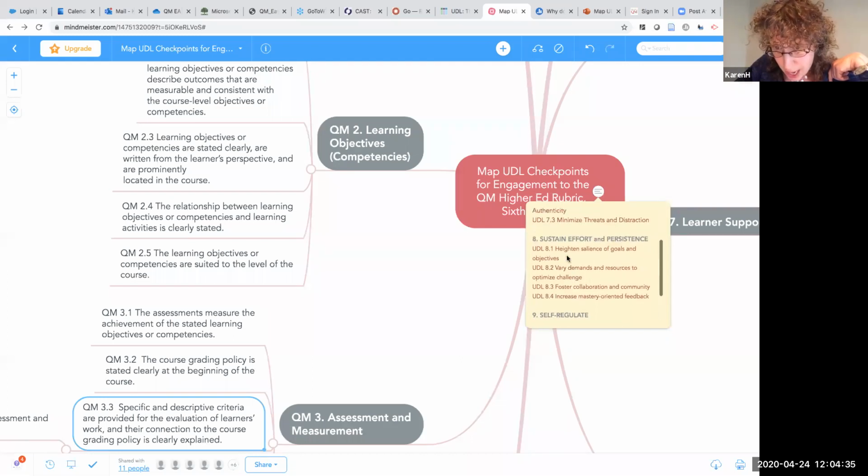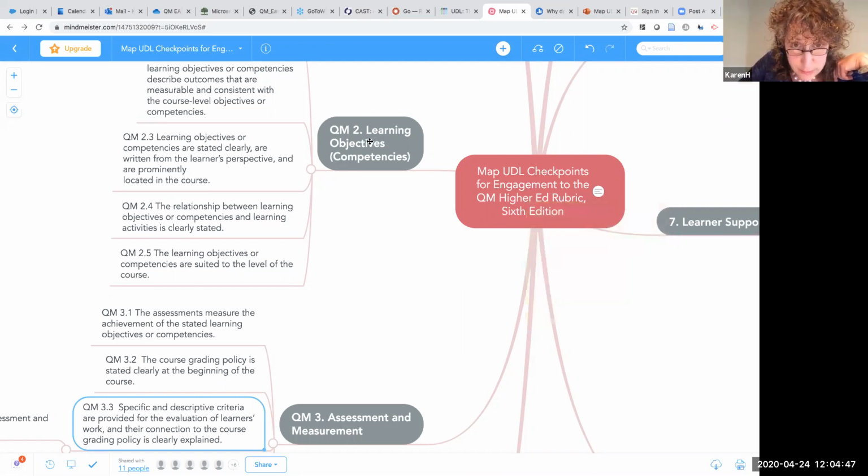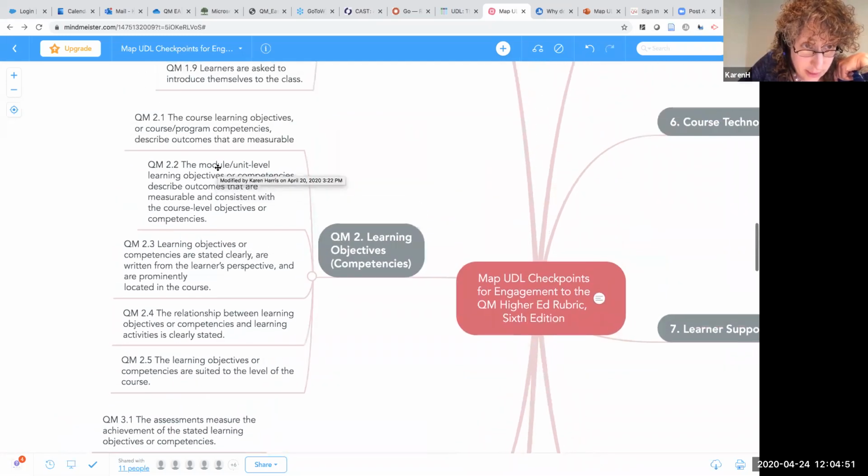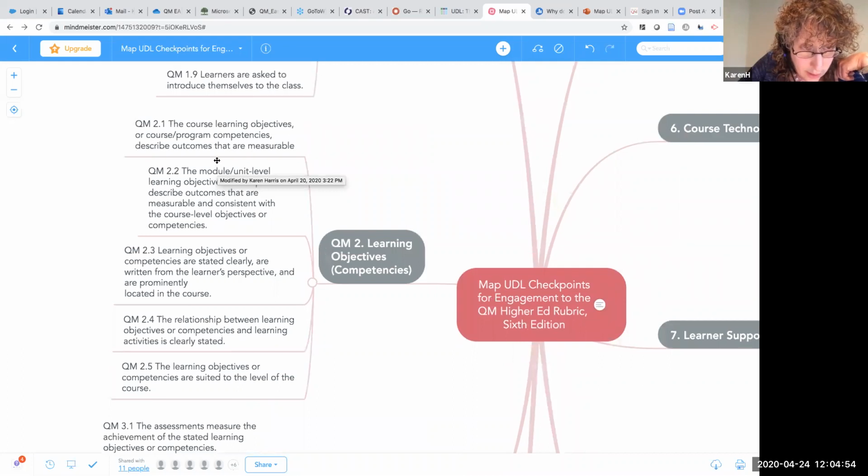So you can copy. If I wanted to, say, heighten the salience of goals and objectives, I can come here and copy it. And perhaps I'm going to go over here to QM Standard 2, where there are learning objectives, and maybe I think that this one would work well here, where the course learning objectives and competencies describe outcomes that are measurable.